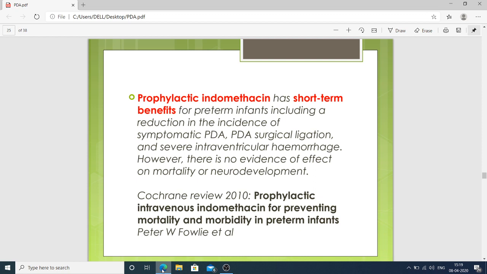Prophylactic indomethacin has short-term benefits for preterm infants, including a reduction in the incidence of symptomatic PDA, PDA surgical ligation, and severe intraventricular hemorrhage. However, there is no evidence of effect on mortality or neurodevelopment.